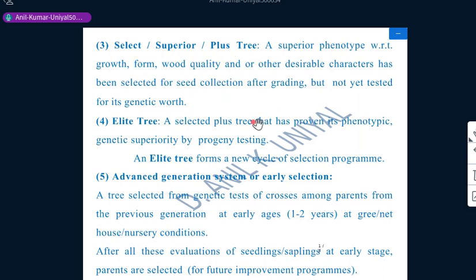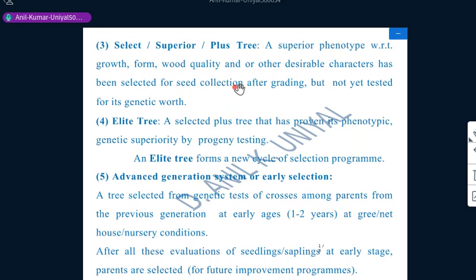Then we have the next step of single tree selection, that is the elite tree. An elite tree is a selected plus tree that has proven its phenotypic as well as genotypic superiority by progeny testing, and this step is taken quite a long time after the plus trees.